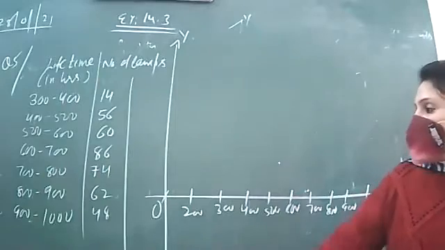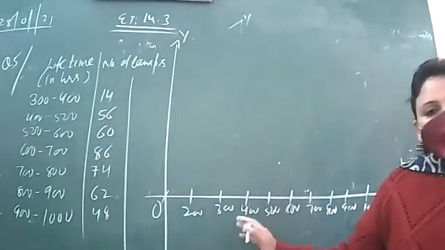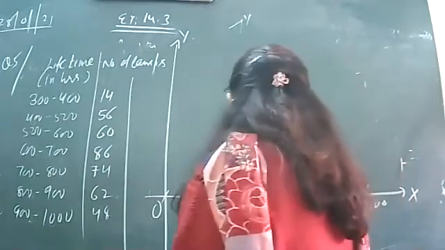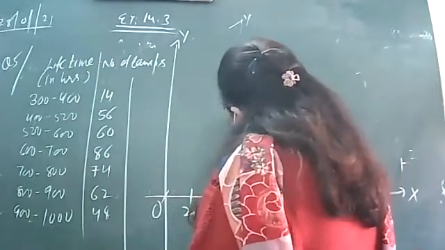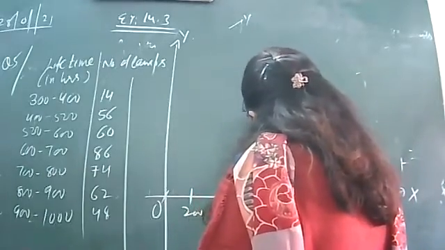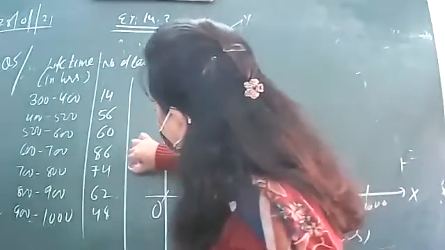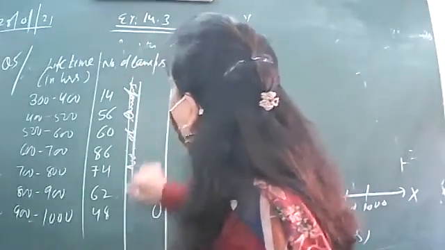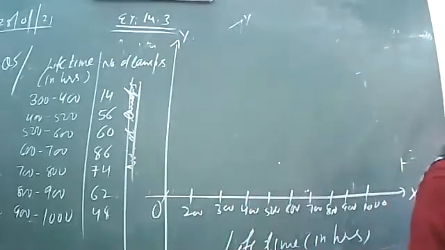Now frequency, what is this? What do these numbers represent? They represent lifetime in hours. So make the heading lifetime in hours. And along the y-axis it will be number of lamps.